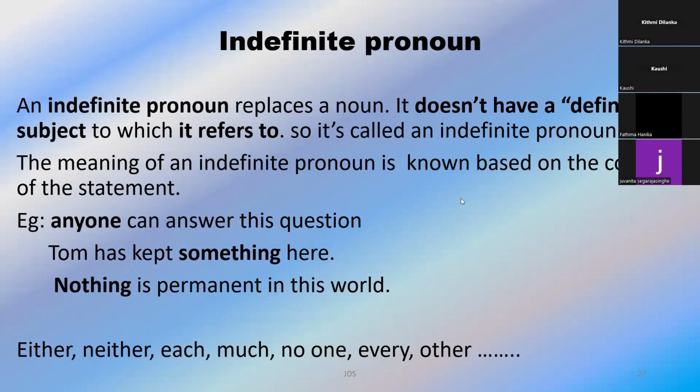Read. An indefinite pronoun replaces a noun. It doesn't have a definite subject. That is the punchline or the most important part of it, right?